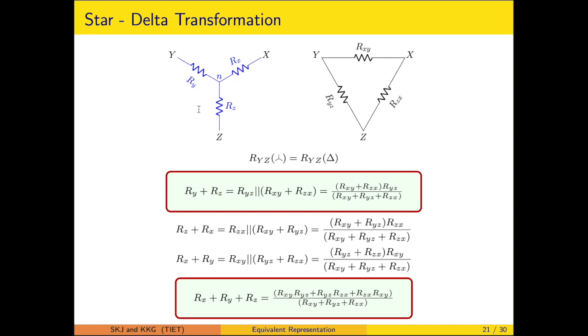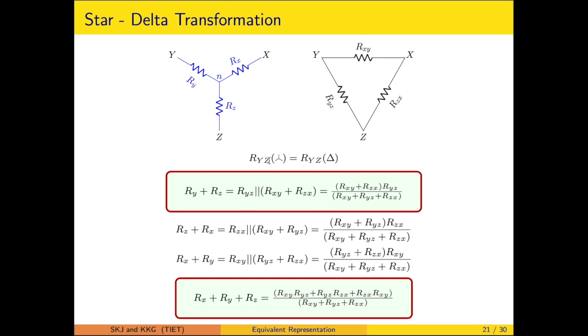This is the star arrangement, and this is the corresponding delta arrangement. When we say equivalence, it means that simply looking from the terminal viewpoint x, y, z, the behavior will be identical. So ultimately it is the equivalent representation that we are interested in.